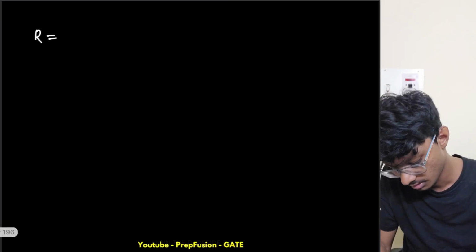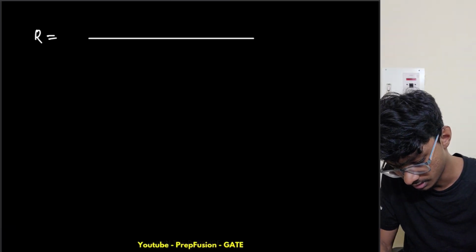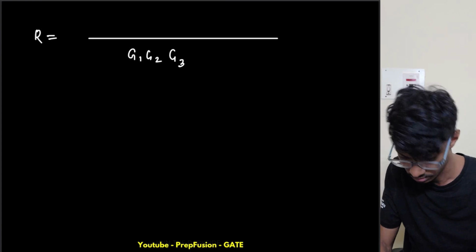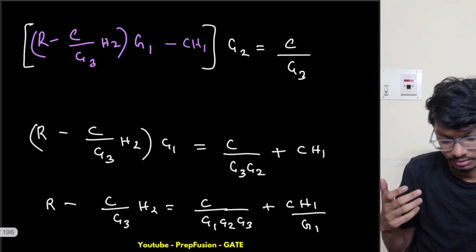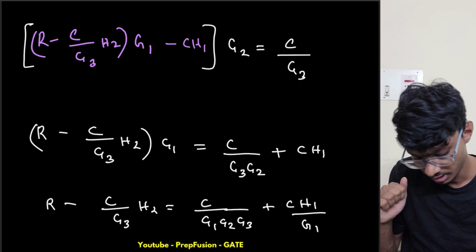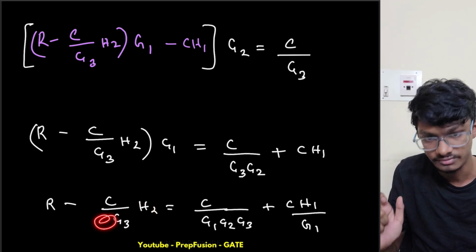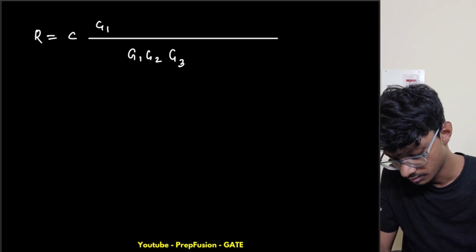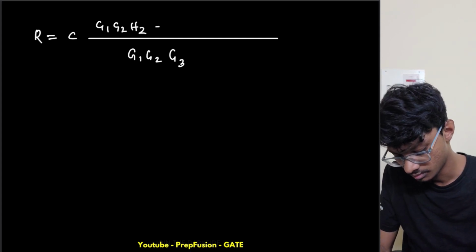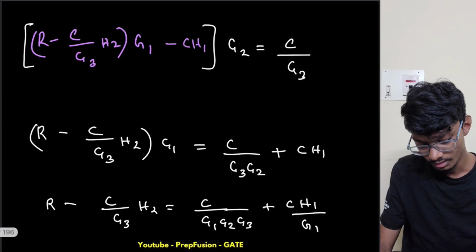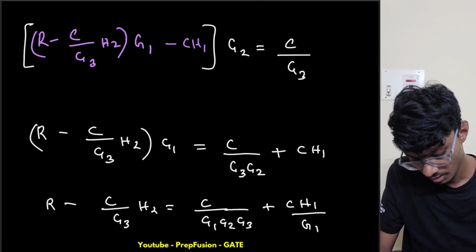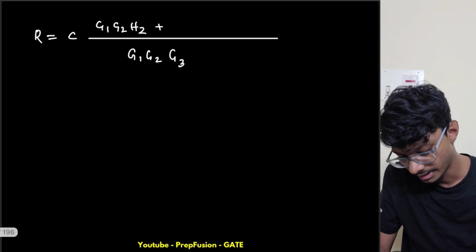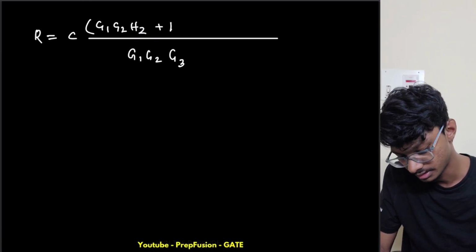What we are left with is, we have to multiply G1 G2 here. Taking C common outside, G1 G2 H2 plus, and this has everything, so we'll add one only. This is in bracket.